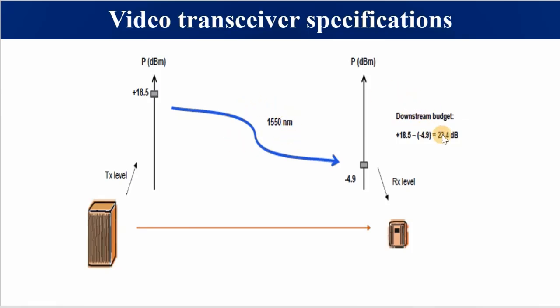So what's the power budget? It's simply the transmit power minus the receive power, and it's 19.9 dB. Please take note that there is no transmission in the upstream direction because video is simply receive only. Why do you need to transmit when we have subscribed for you to receive some videos? So that's the power budget in the downstream.